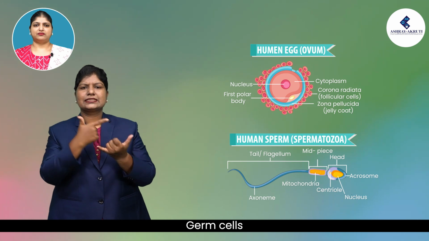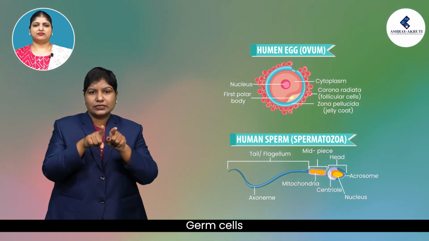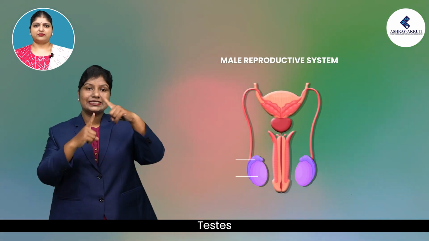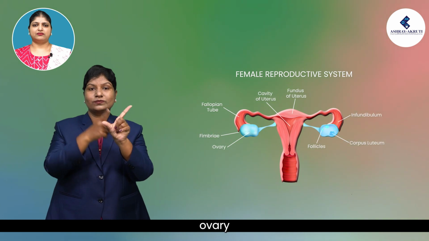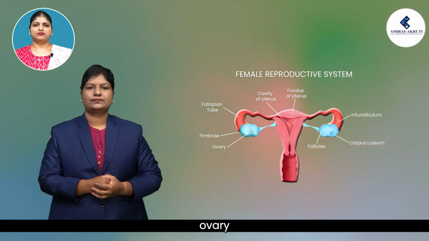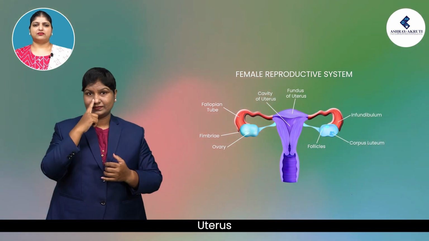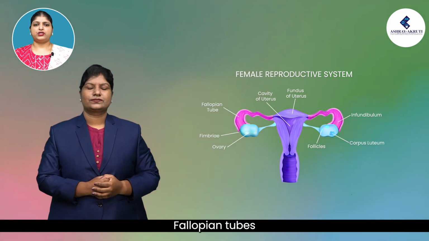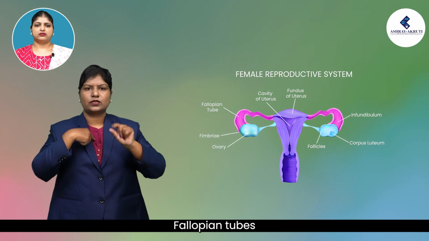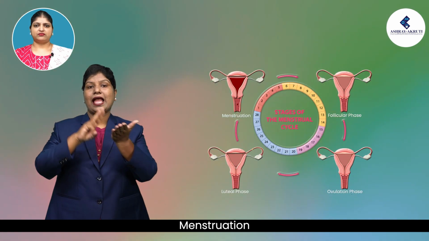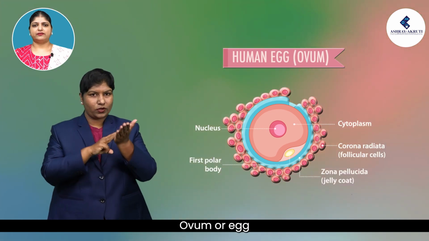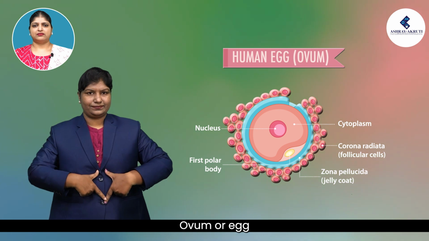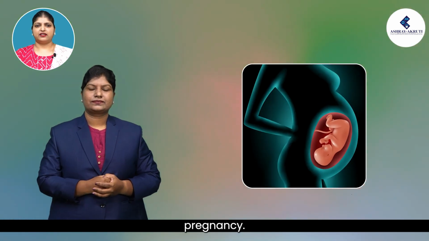Keywords: germ cells, testes, ovary, uterus, fallopian tubes, menstruation, sperm, ovum or egg, pregnancy.